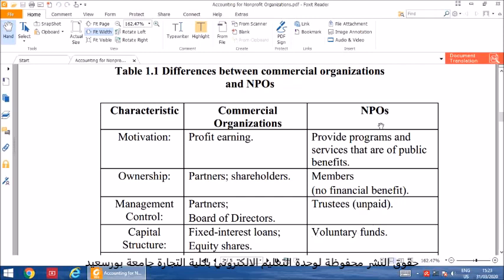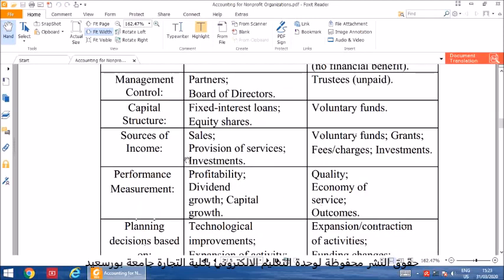Volunteer funds for non-profit organization. Source of income, sales, provision of service, investments. Under non-profit organization, volunteer funds, grants, fees, charges, investments.